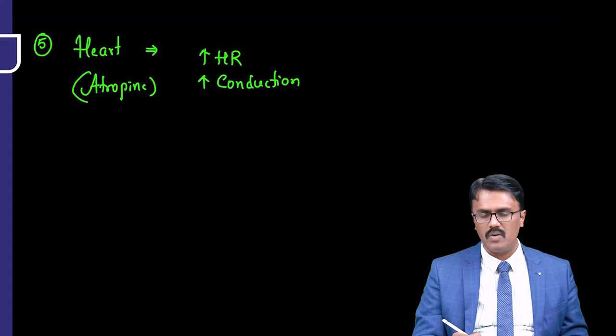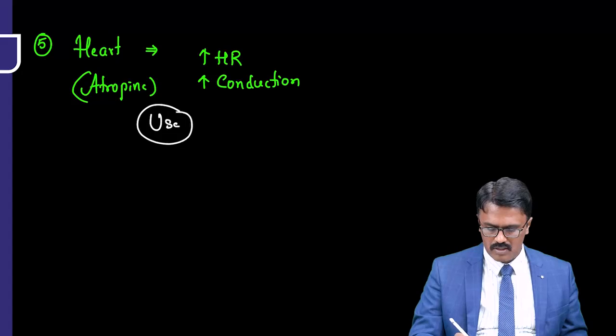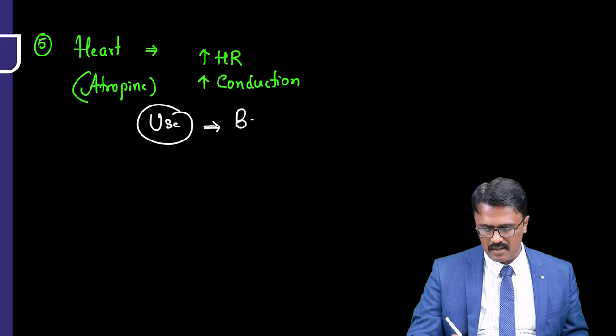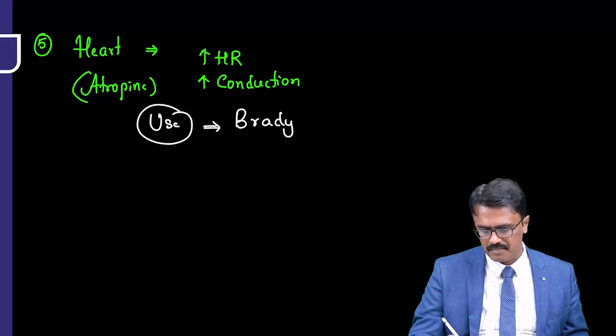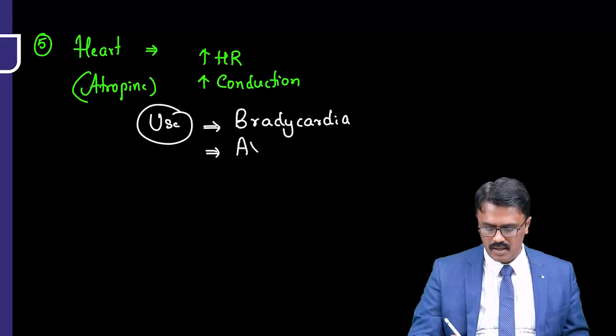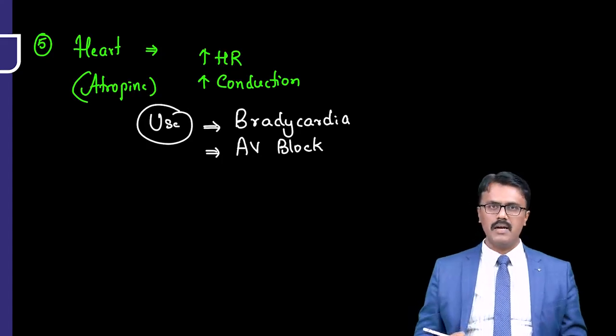Now can you tell me, where can I use this advantage? Where you want to increase the heart rate, where should I use atropine? Obviously, when the heart rate is less, bradycardia, and when the heart is not conducting properly, that is called AV block. So it is used in bradycardia and AV block.